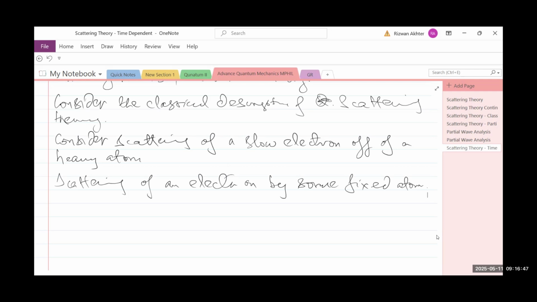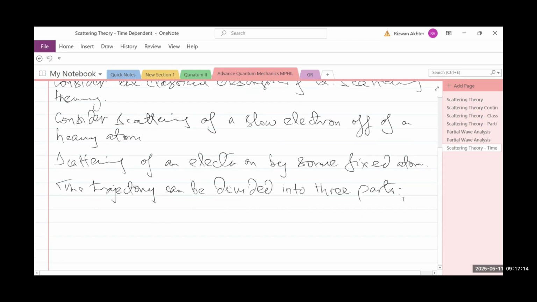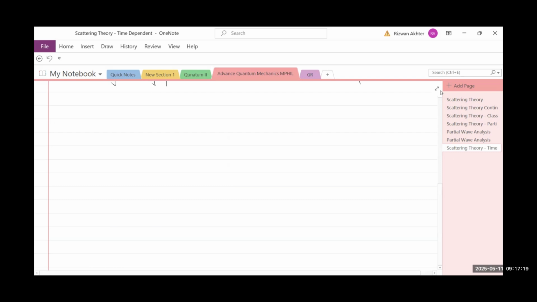Now the trajectory of this scattered particle can be divided into three parts. Let me describe this pictorially so that you have the idea of what we are considering.